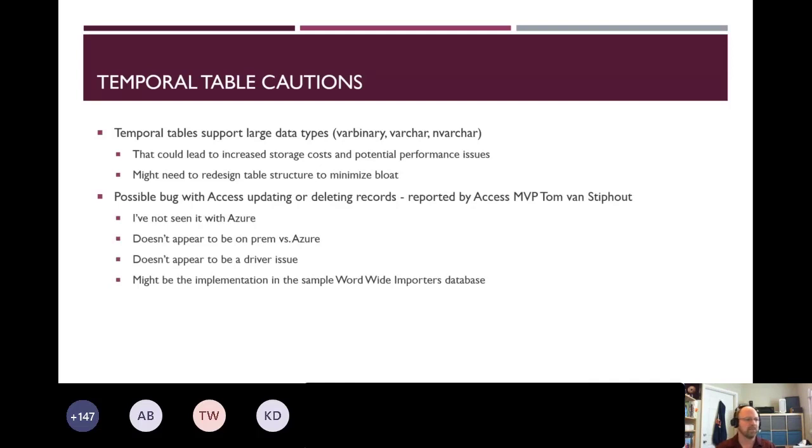And then there's a possible bug that was reported by Access MVP Tom Van Stiphout. We worked together on it, tried to figure out what it was. I wasn't seeing it in Azure. I tried it on-prem, couldn't seem to get it to work. We tried different drivers. We think we narrowed it down to the implementation of temporal tables in the sample Wide World Importers database. So if you're tinkering with it there, be forewarned, it may not let you add or delete records.